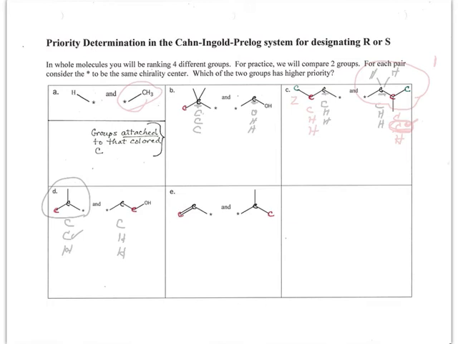So, for example, this one right here, this C has one H up here. It's going to be considered attached to a C, and I do this in parentheses to remind me that that second C, it's attached twice to the C. That second C was because it was a double bond, and then it's also attached to an H. Okay? Over here, the carbon is attached to a C and an H. They all count the same. That C in parentheses was just a note to remind me what's going on.